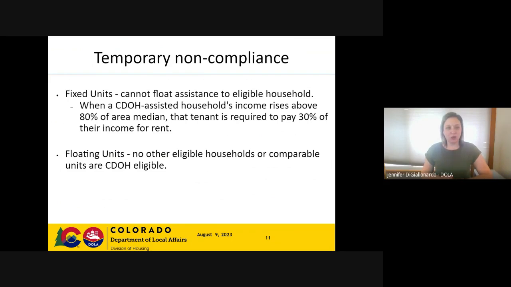That is to make sure that we're not over subsidizing again. The floating units, if there's no other eligible household or a comparable unit to float the assistance to, we're in limbo for a brief moment. We're considered temporarily out of compliance until a new household comes available and we can float that assistance.